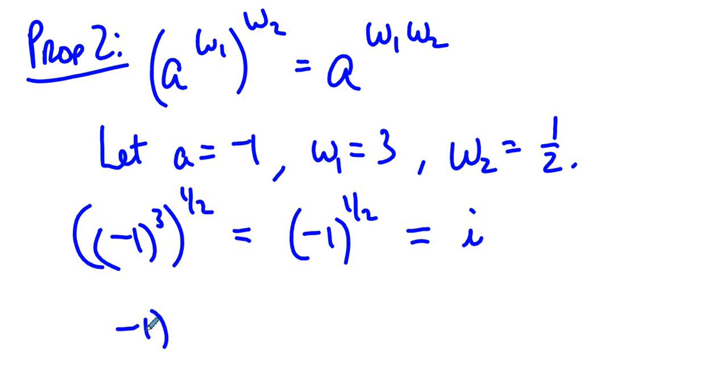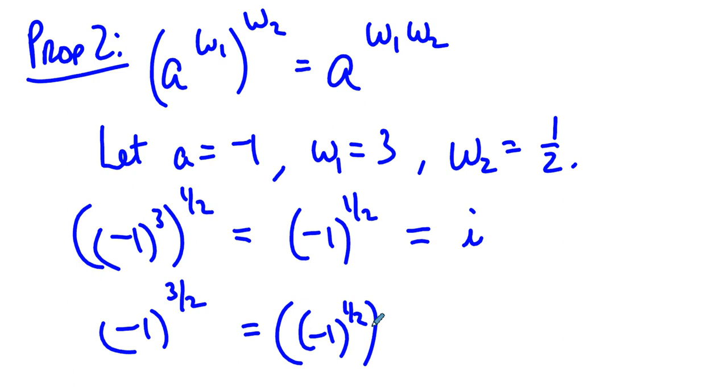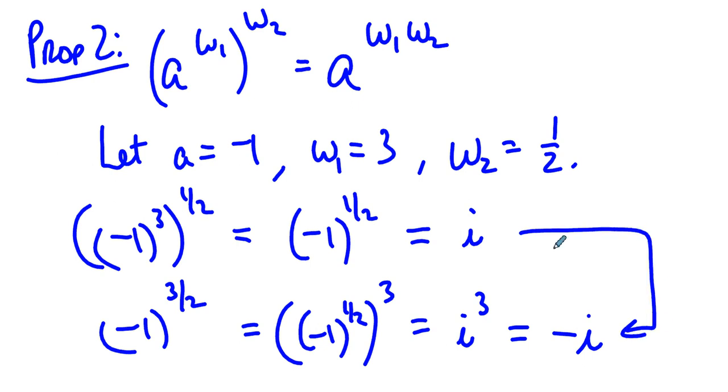But what's that? Well, that's negative 1 to the 1/2 cubed. That's i cubed. That's negative i. That's a contradiction. They don't match. Because they don't match, the property does not hold.